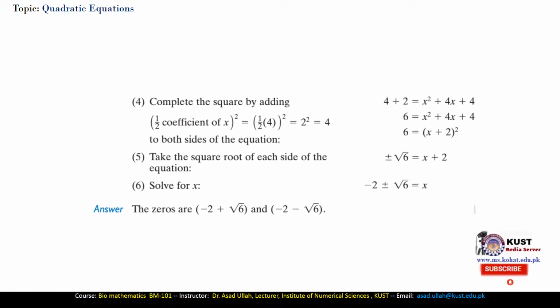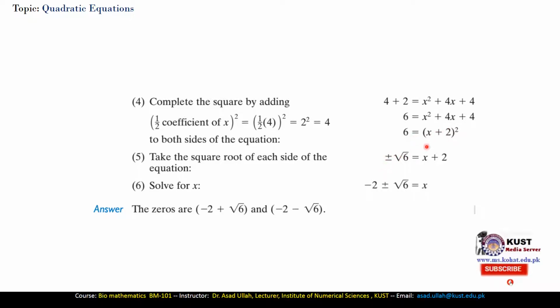Now in step 4, to complete the square, we add (1/2 times the coefficient of x) whole square, which is equal to 4 in this case. So adding 4 on both sides, we get 6 is equal to x square plus 4x plus 4. The right hand side is a complete square, so we get (x plus 2) whole square is equal to 6.